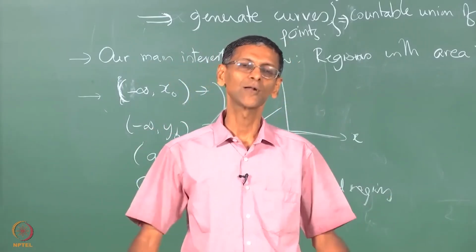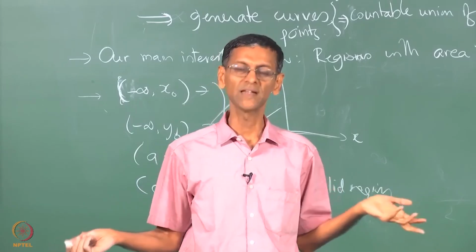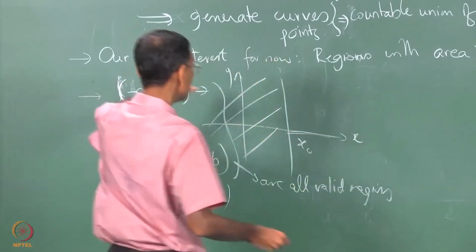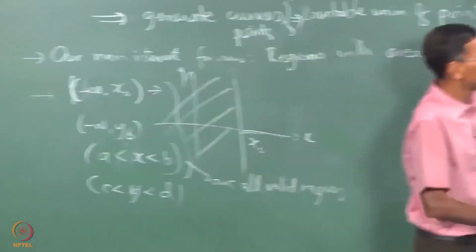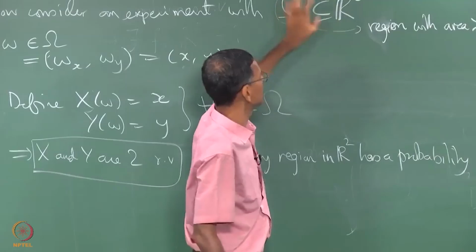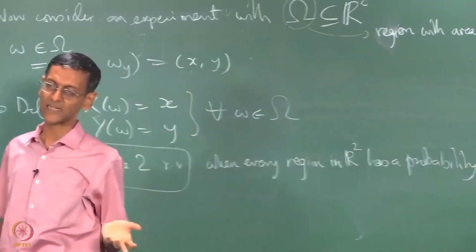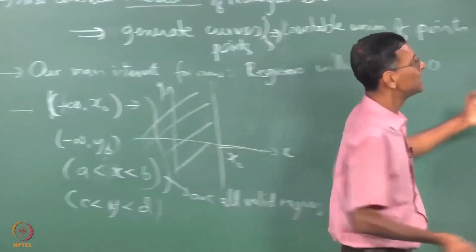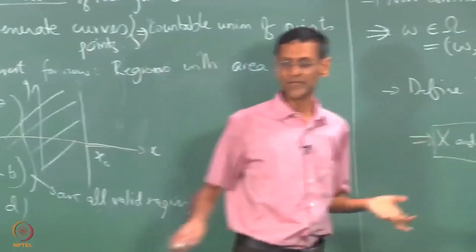For now we are going to assume that the capital omega has area greater than 0, and for every non-zero region we are going to do a double integration.